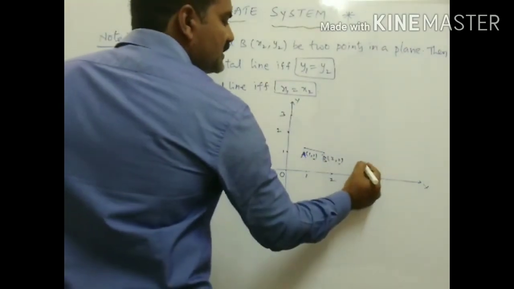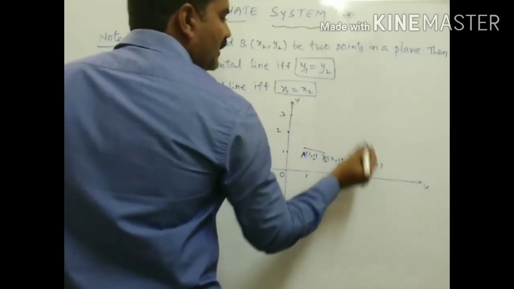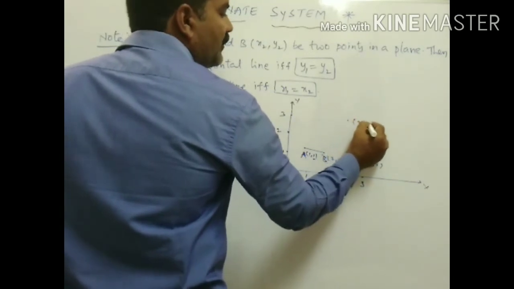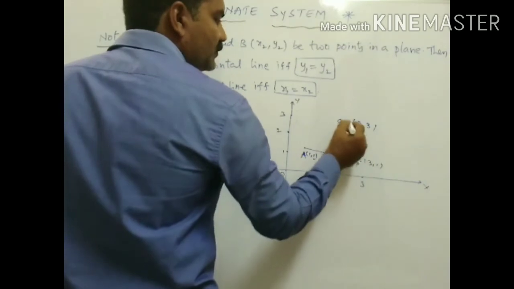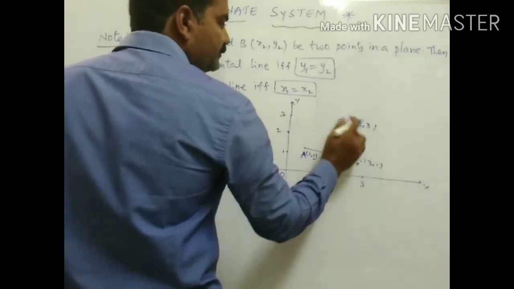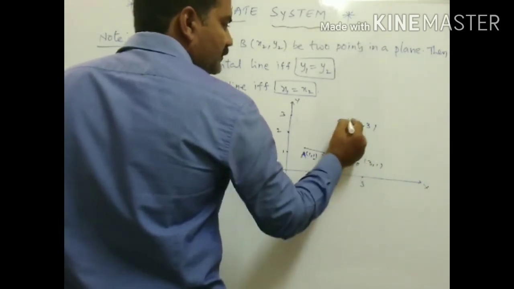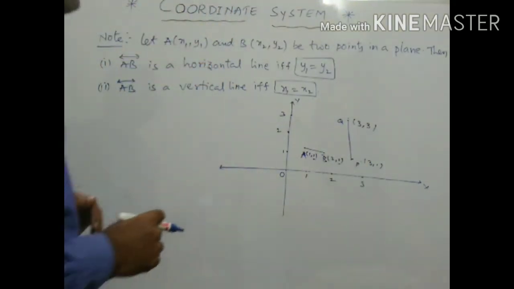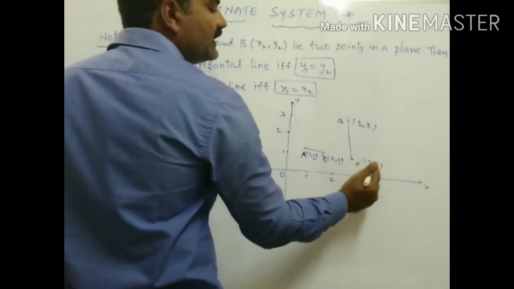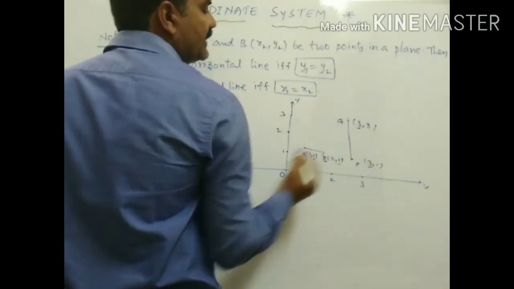Similarly, this is the point 3, 1 and this is the point 3, 3. Suppose this is P and this is Q. Now if you join PQ, what are we getting? A vertical line. PQ is a vertical line. Now if it is a vertical line, look at their x coordinates.